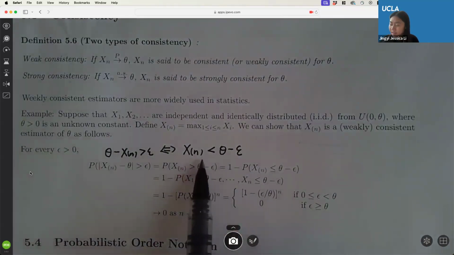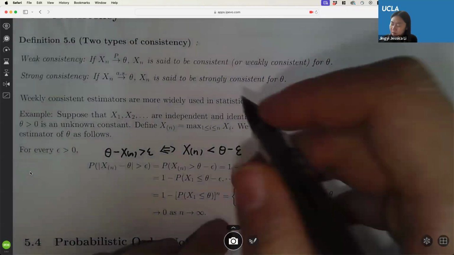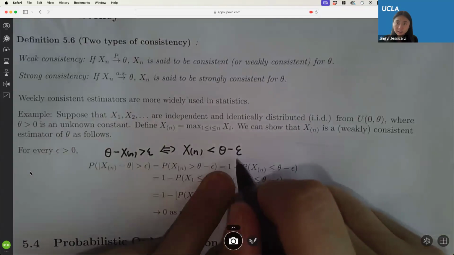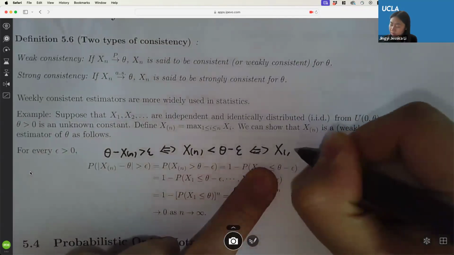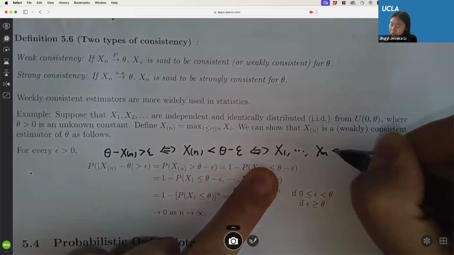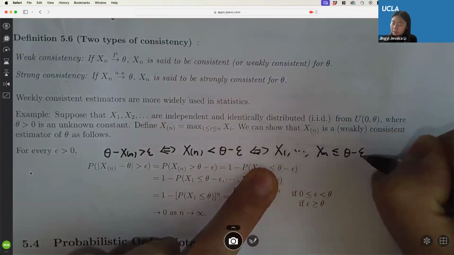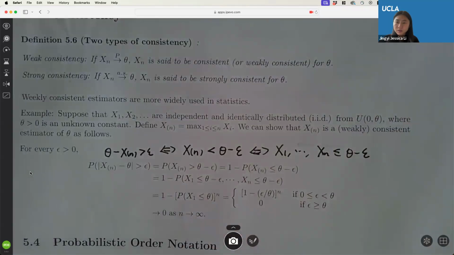Once you have that, it implies that x1 to xn, each of them is under theta minus epsilon. Then we can use the independence to get the joint probability. That's the basic idea for this proof.